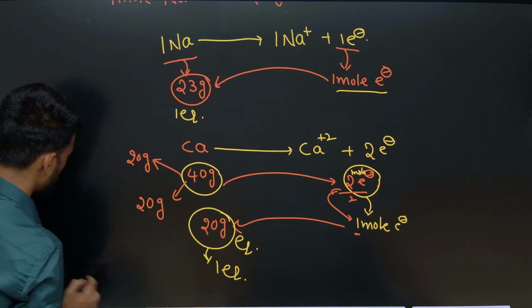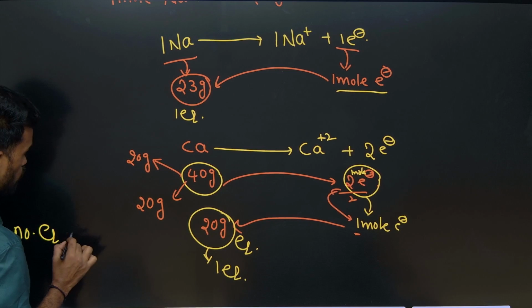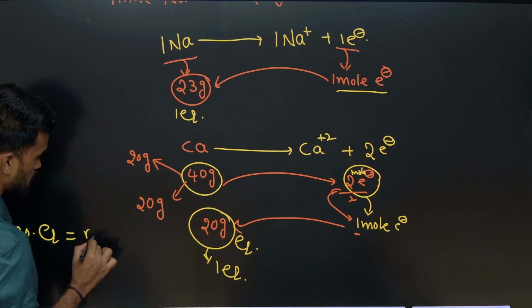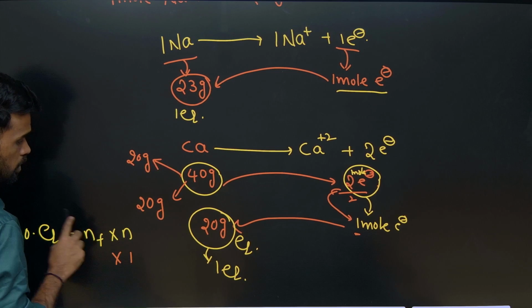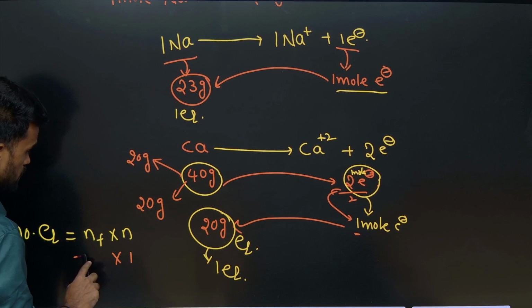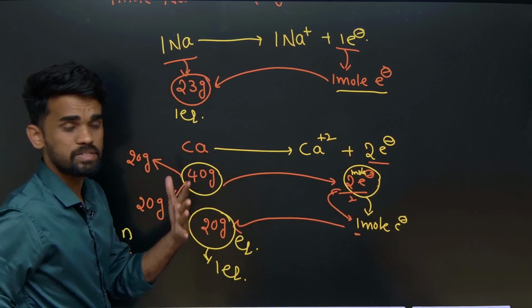So I can say number of equivalents equals its valency factor times the number of moles. See here, how many electrons are released? 2 electrons. This is its valency factor.